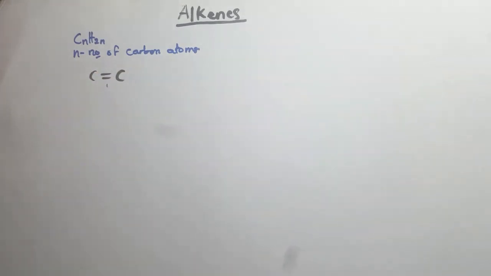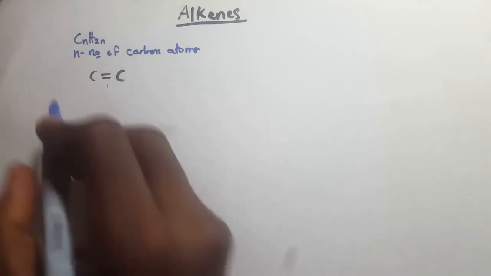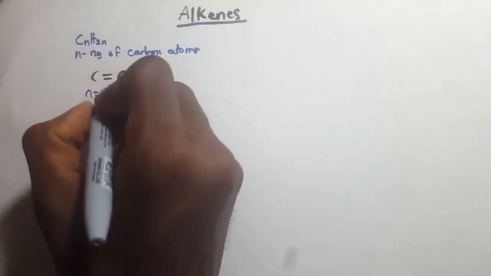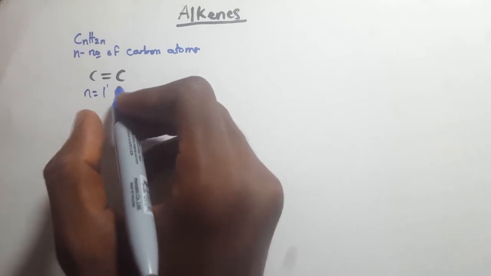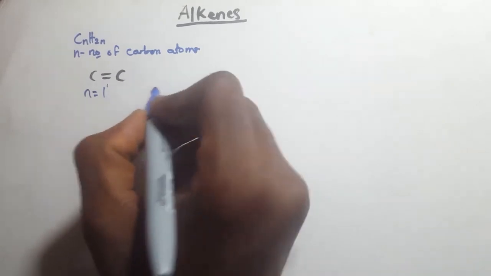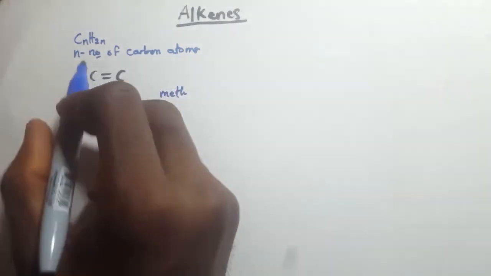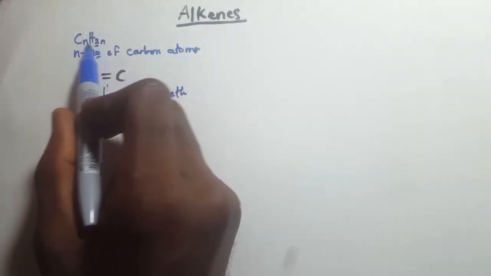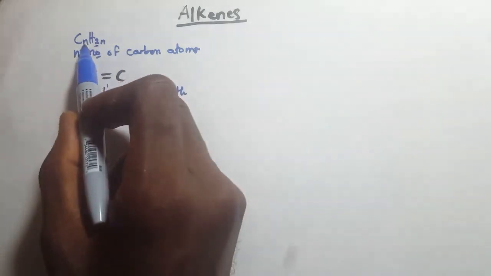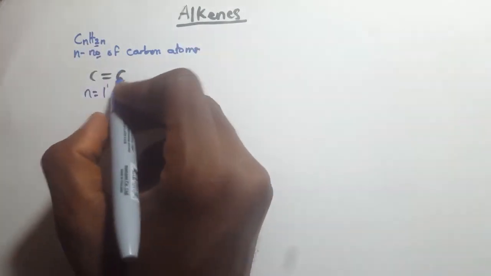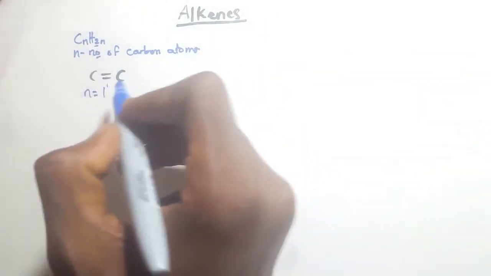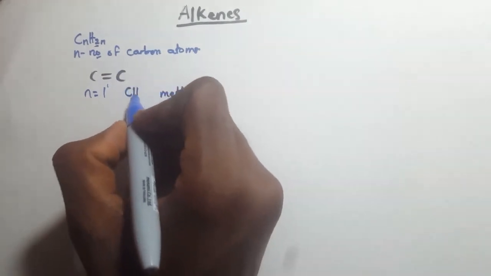I'll just do a recap. In the previous video, I mentioned that when the number of carbon is 1, the name begins with meth. So the name is meth, and the structure is going to be CH2.